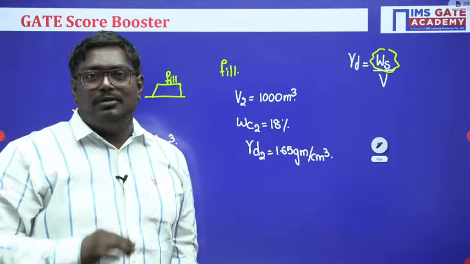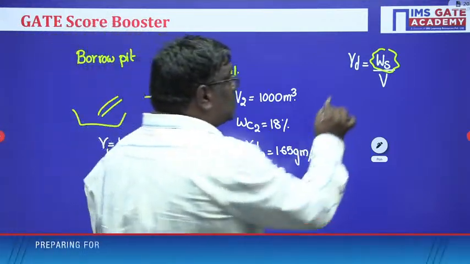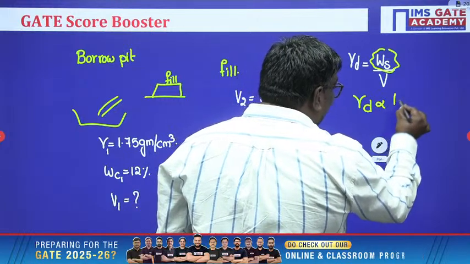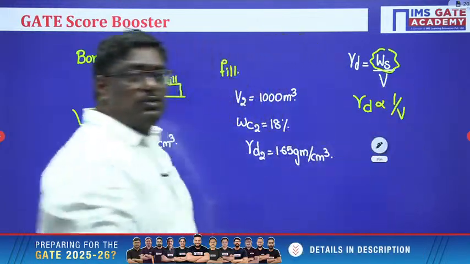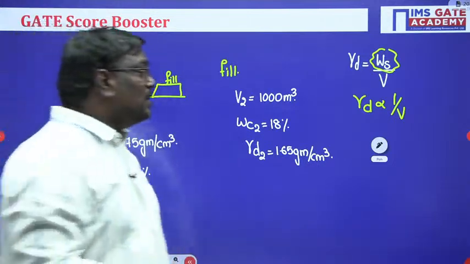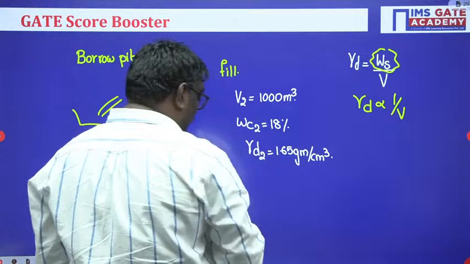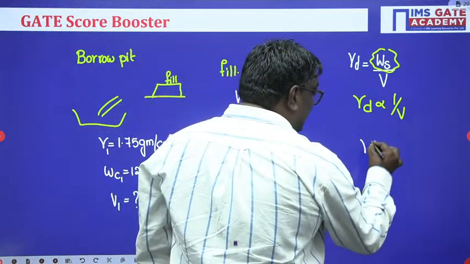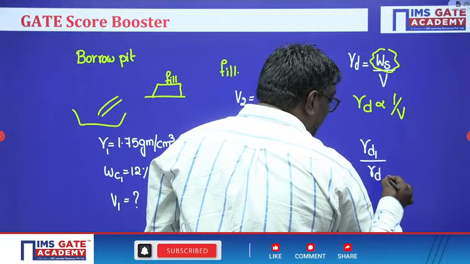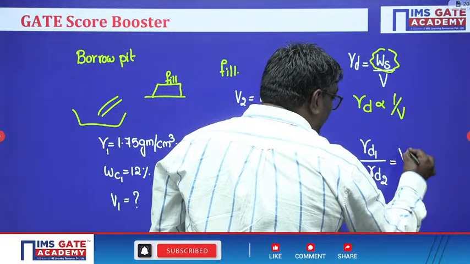Yes or no? Very good. So gamma D is inversely proportional to volume. Now see, students, here gamma D1 by gamma D2 can be written as V2 upon V1.